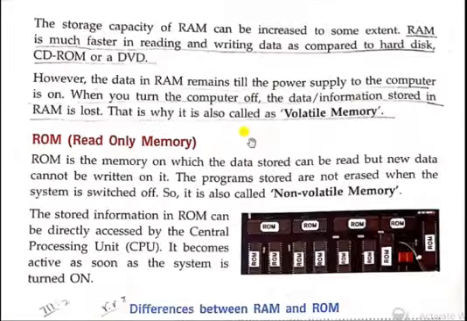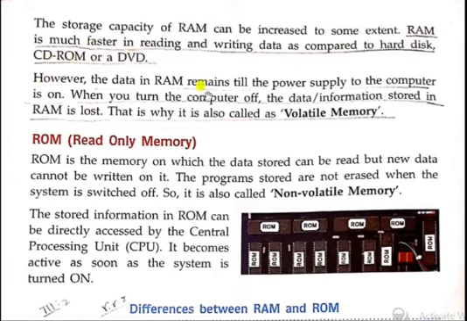Now the storage capacity of RAM can be increased to some extent. In the market we have different types of RAM, like 2 GB, 4 GB, 8 GB. We can use according to our requirement. RAM is much faster in reading and writing data as compared to hard disk, CD-ROM or DVD.